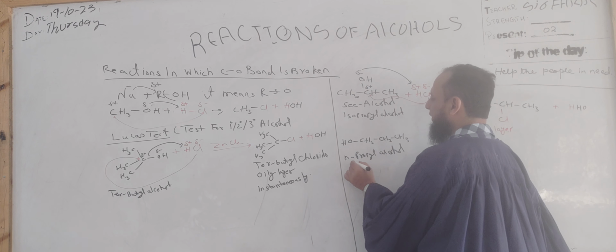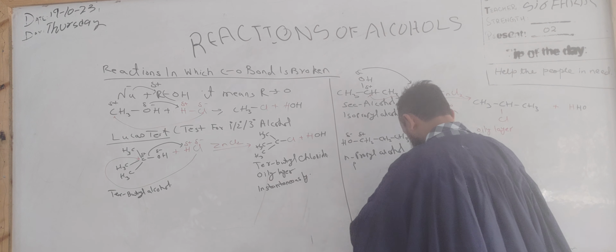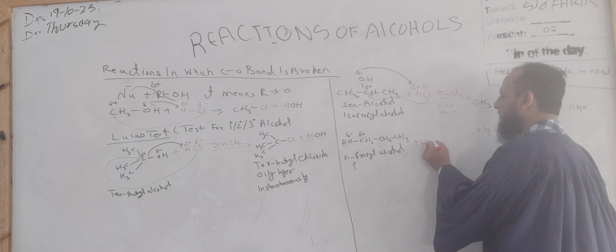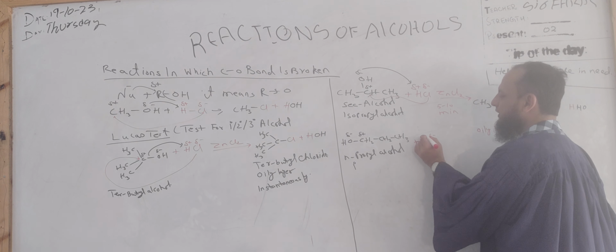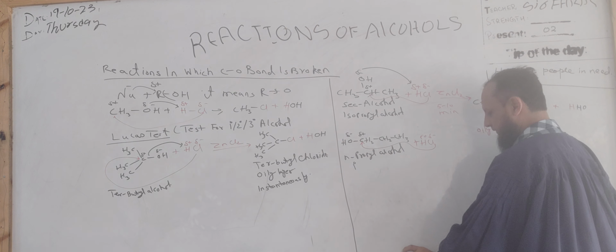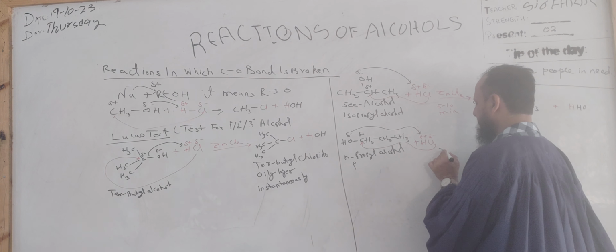So this is 1 degree alcohol. This is partially negative, this is partially positive. We react it with hydrogen chloride, partially negative, partially positive. Negative of this on positive of this, and the negative of this would attack on positive of this.